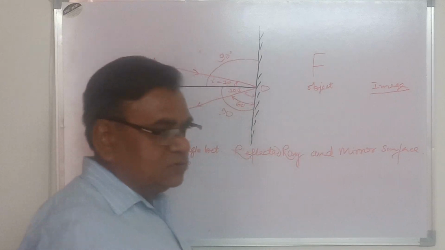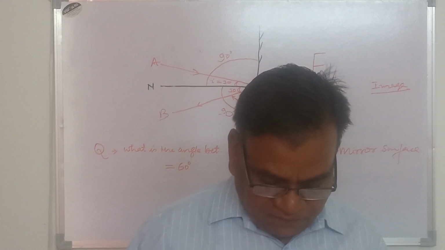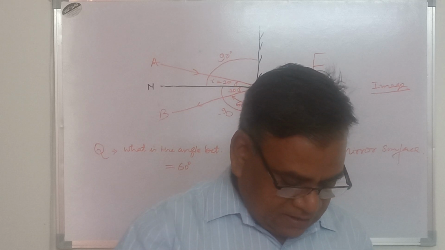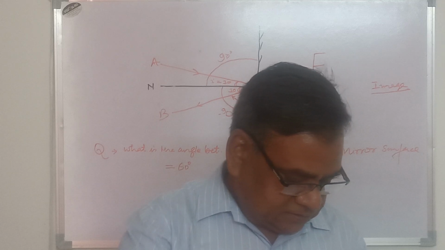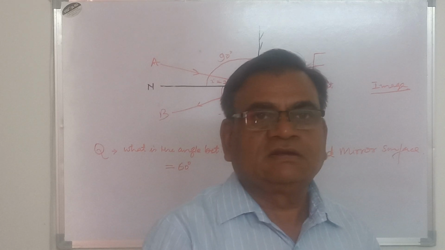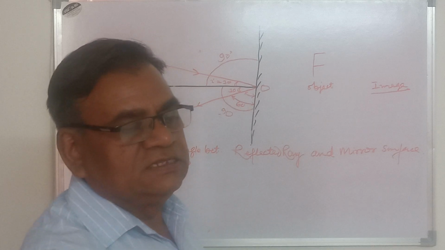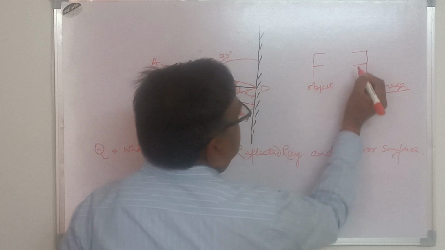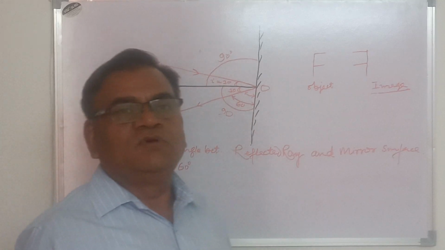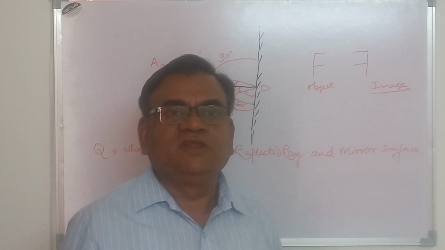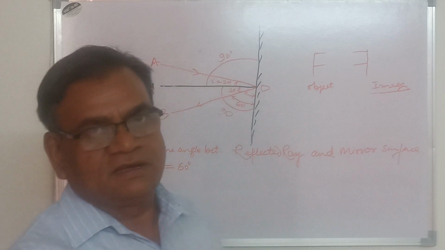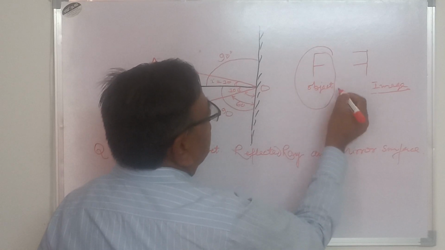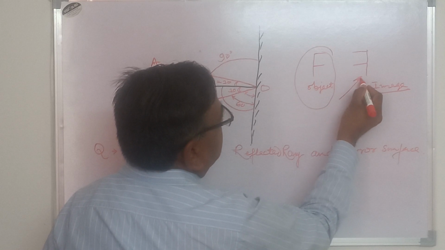As I told you, write F here, let this be its vertical line, and these are the two horizontal lines. If you turn it in this way, the F will be seen like this. So it is laterally inverted. The phenomenon of lateral inversion will come into the picture, so F will look like this in the plane mirror.